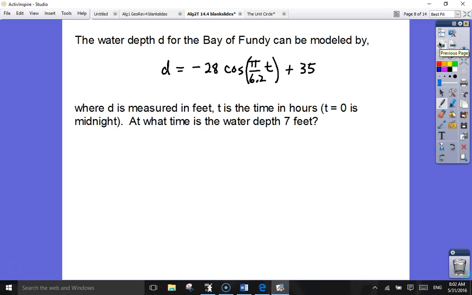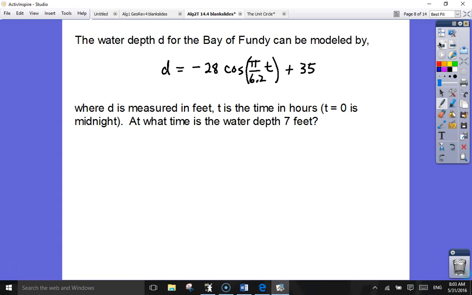Okay, so the water depth D for the Bay of Fundy can be modeled by this equation, where D is measured in feet, and t is measured in time, t equals 0 is midnight. At what time is the water depth 7 feet? What are we expected to do with that 7?